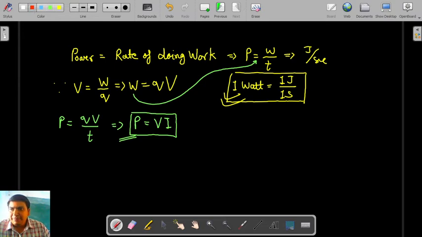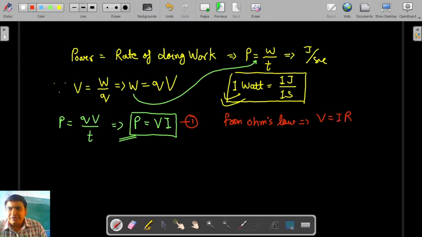But we can manipulate this formula also. Suppose we call this equation 1, and from Ohm's law we have V equals IR, which means we can use this value of V here.